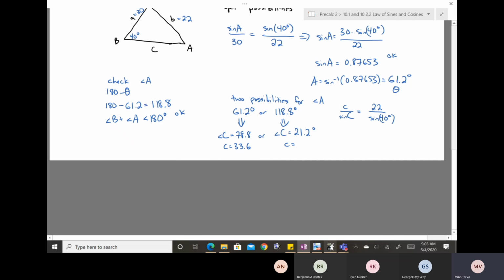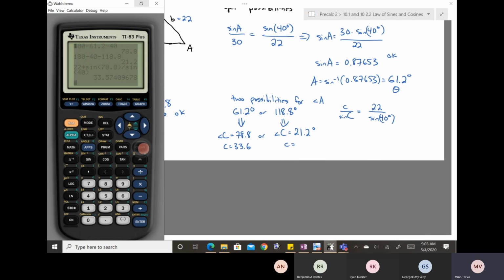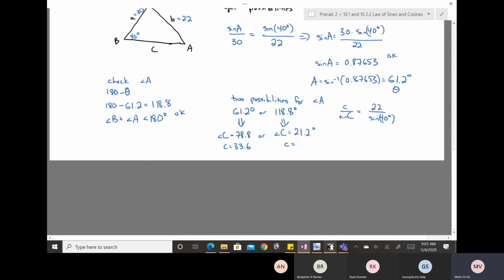In this case, C is, again, you have to calculate it separately. So 22 times sine of this thing, 21.2, divided by sine of 40. So if angle C was 21.2, then side C would be about 12.4.